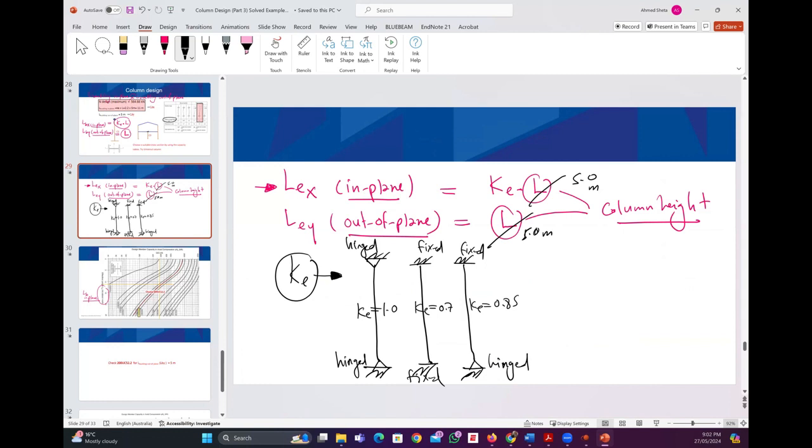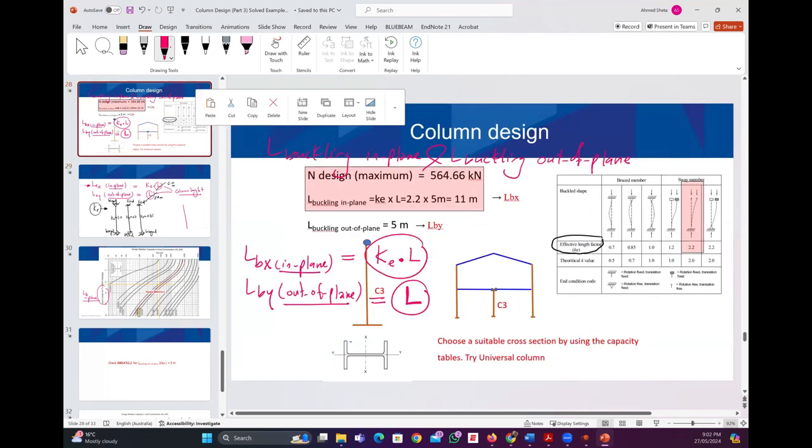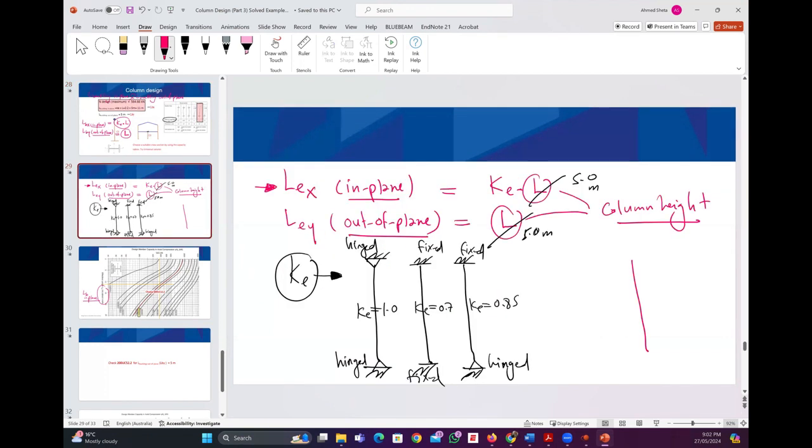I think you don't need to go in depth with this one, but just for our project, what is the column in your case? I think it doesn't change from last year, so it is fixed at the bottom and we consider it free at the top. So it is fixed and free.